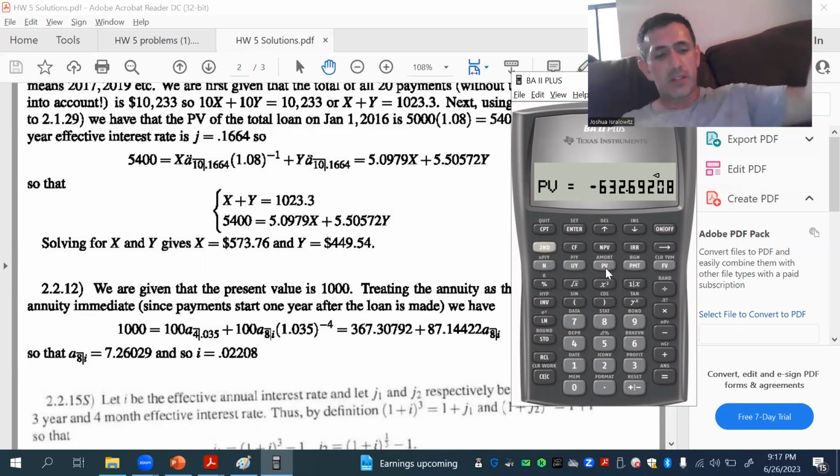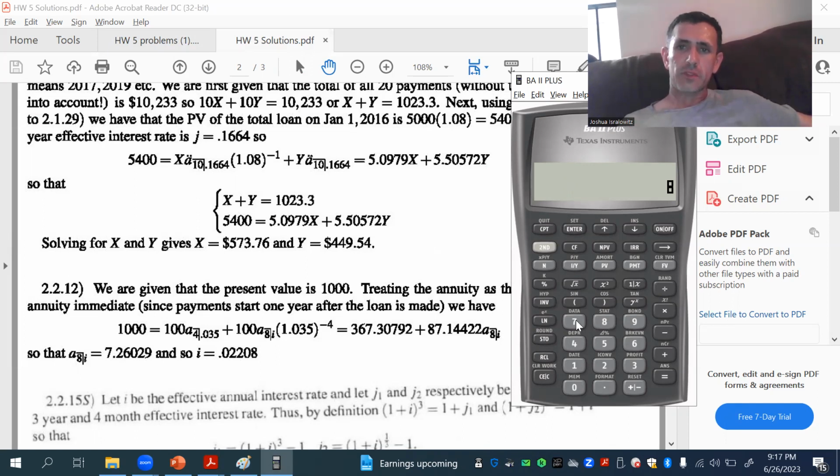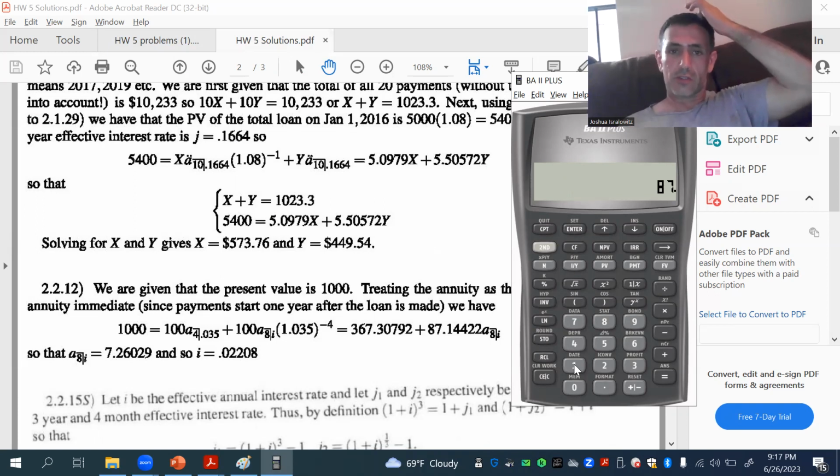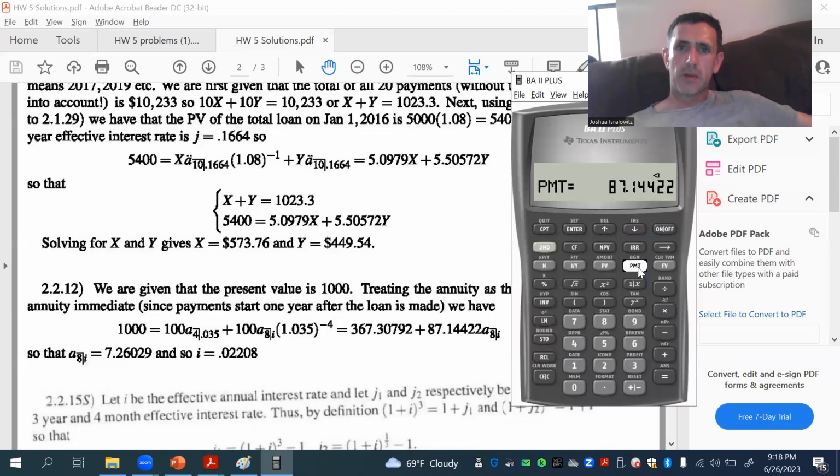It makes sense. That's the way I remember it: you either have to loan someone 632.69 to get the 87.14 payments, or you have to give someone the 87.14 payments to pay back the loan of 632.69. So the payment is 87.14422, N is 8, and the present value is 632.69.